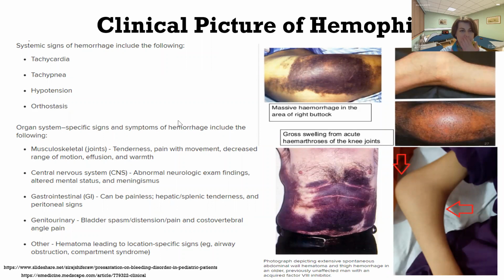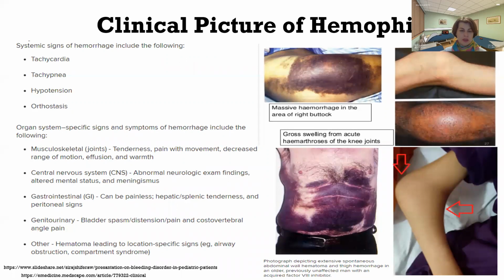The systemic signs of hemorrhage include the following: tachycardia, tachypnea, hypotension, orthostasis. The organ system-specific signs and symptoms of hemorrhage include the following: tenderness, pain with movement of the joints and muscles, decreased range of motion, effusion, and warmth.